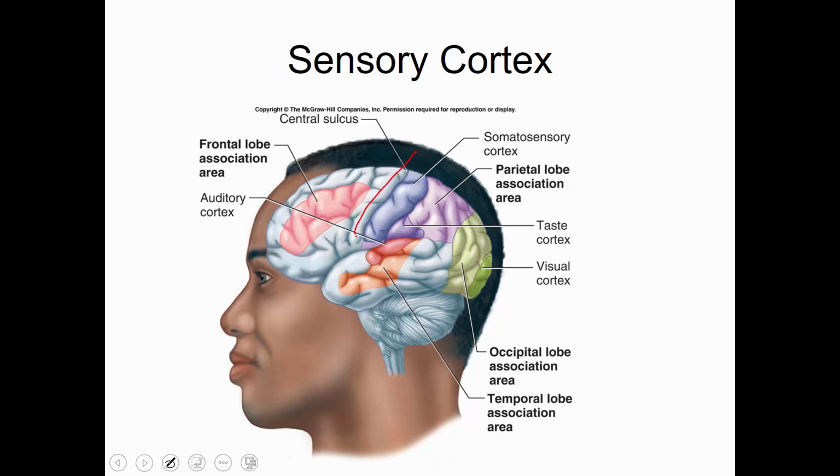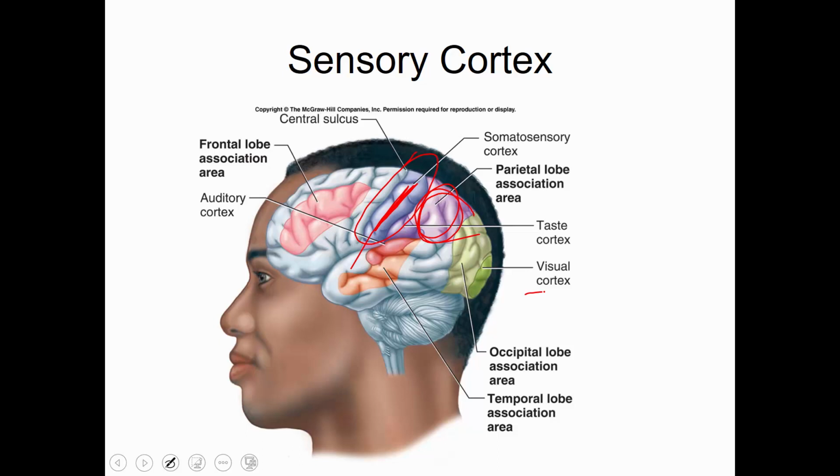So right here is the somatosensory cortex, and we have an interesting map in the somatosensory cortex. It's called somatotopic representation. There's a map of you, a little map of you right in your somatosensory cortex. Notice there's some association cortex that helps you make sense out of what you're touching.